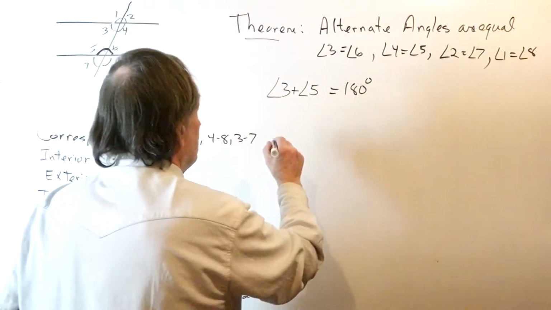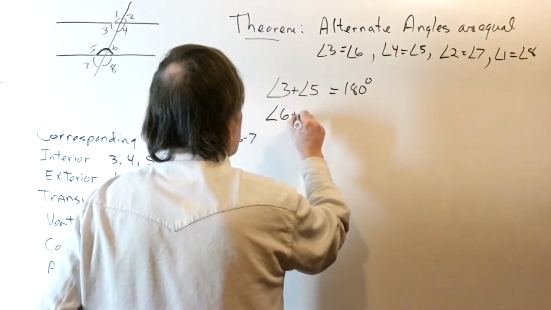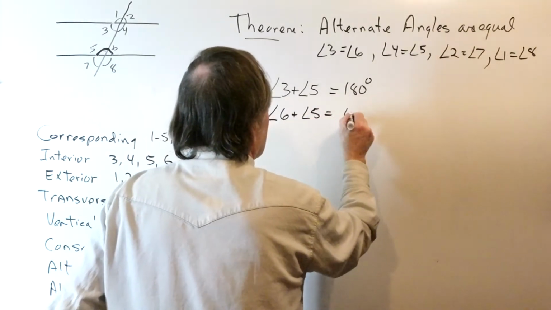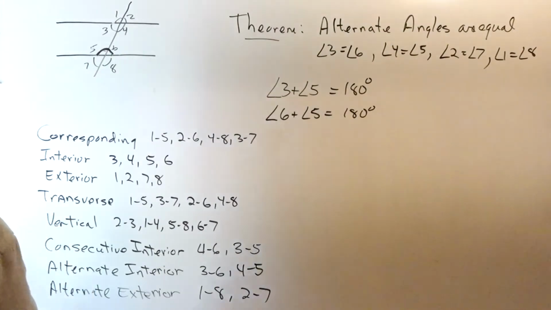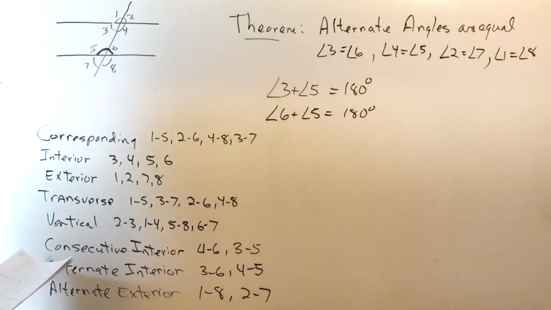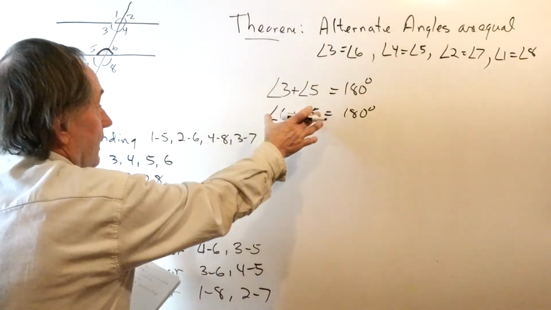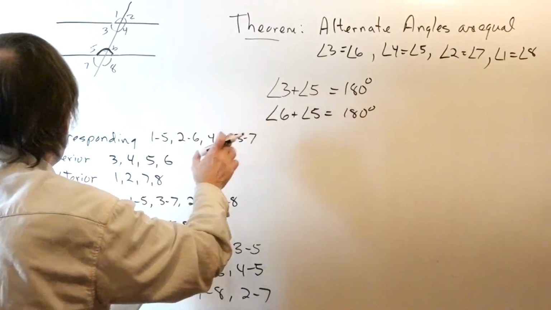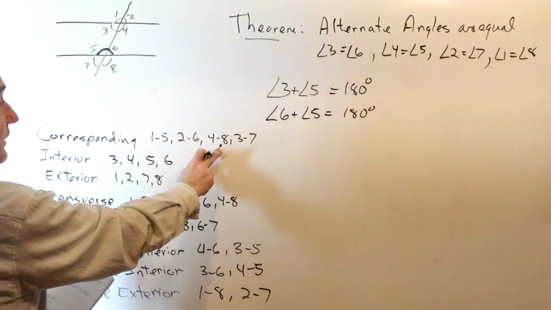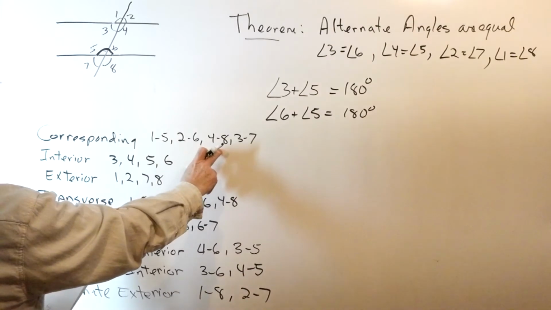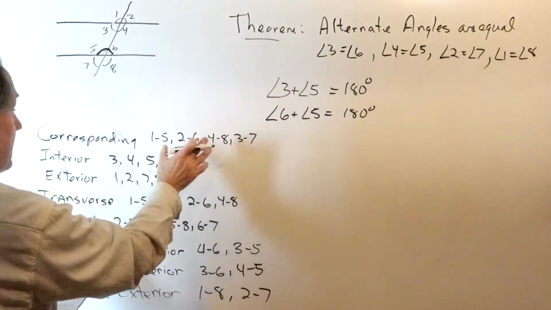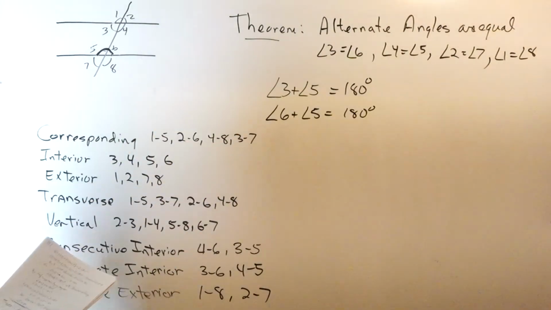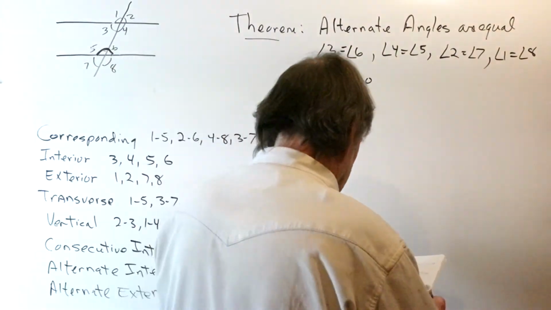So we know that angle 6 plus angle 5 sums to 180 degrees. Now, by the definition of corresponding angles, we know that angles 2 and 6, 1 and 5, 4 and 8, 3 and 7 have the same measure. That's what the definition of corresponding angles is.